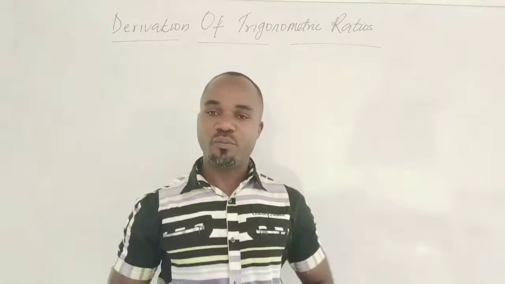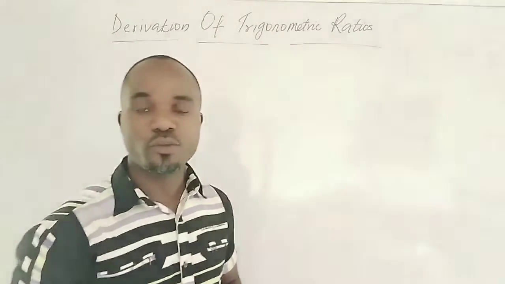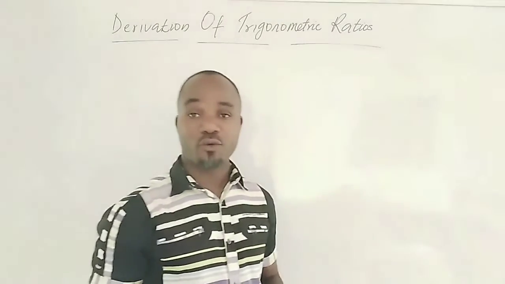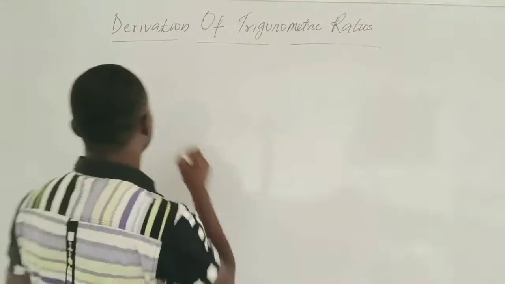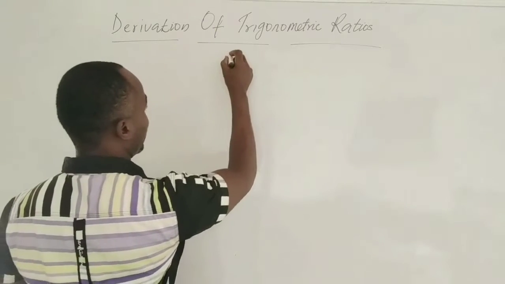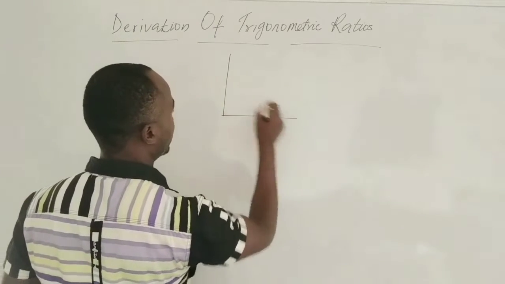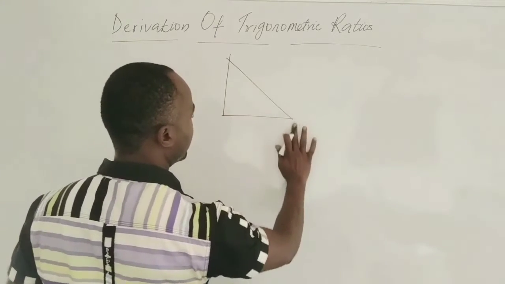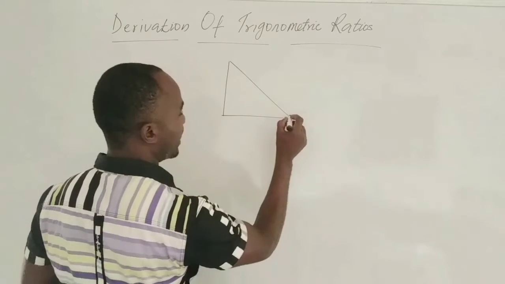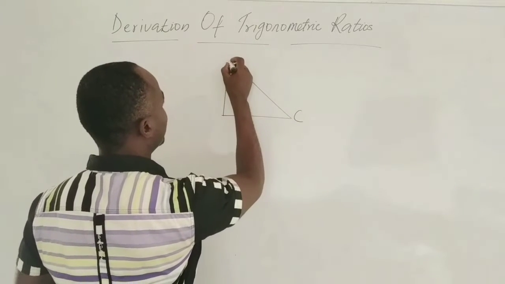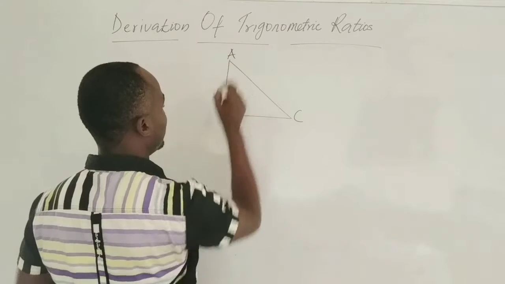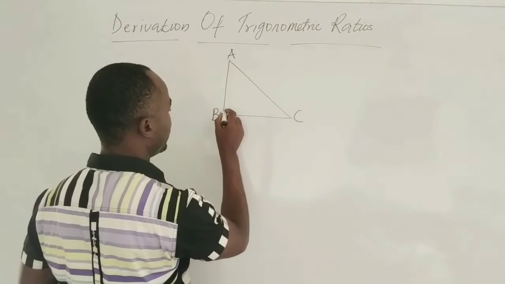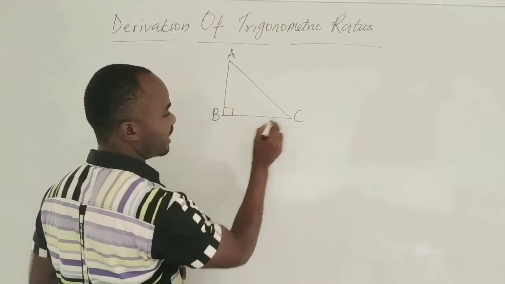Derivation of trigonometric ratios. Once again, we are going to make use of the right angled triangle that we used when we started this topic. This angle is C, this angle is A, and this side is B with the right angle sign.